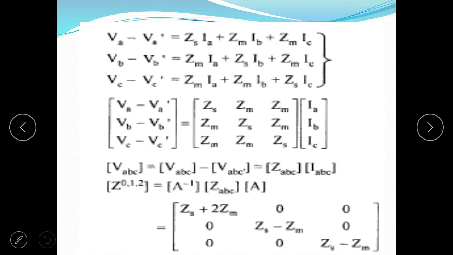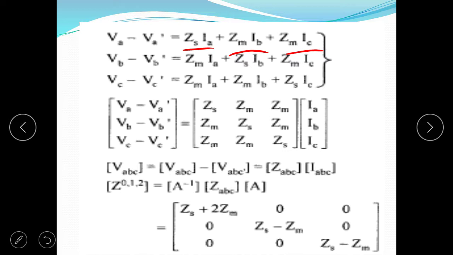So we write the voltage equation: VAA dash is equal to ZsIA plus ZmIB plus ZmIC. What is VA minus VA dash?